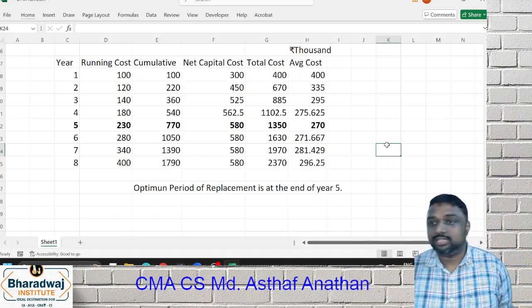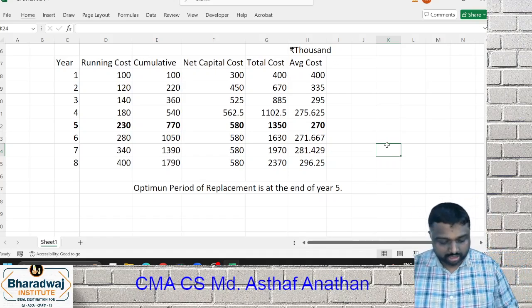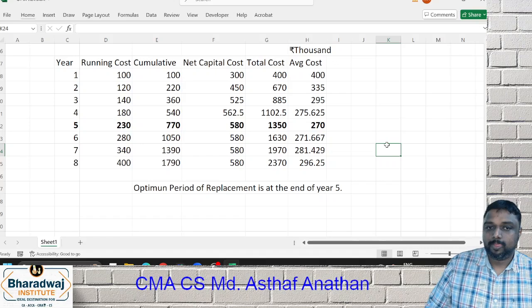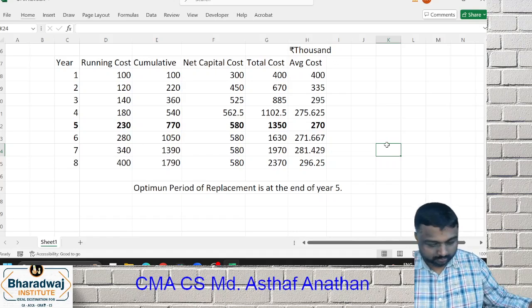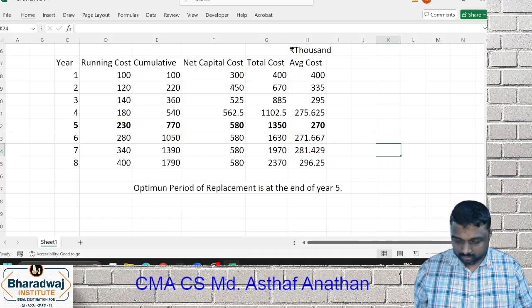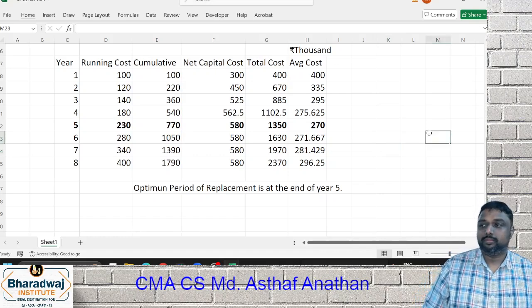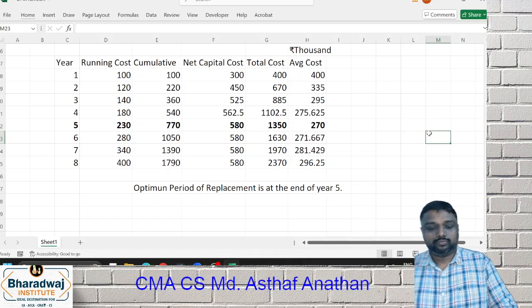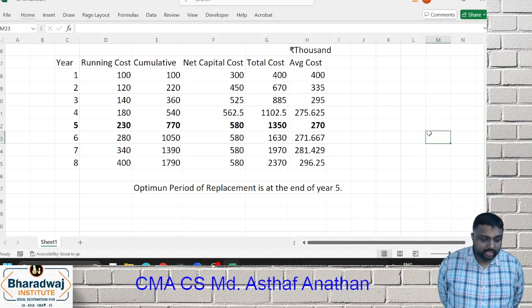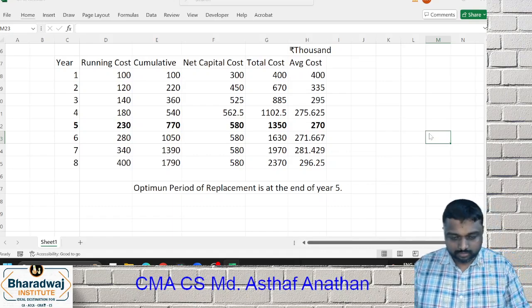A recent MQP also had this type of question. So we should be very clear on each type of question. Read and understand the question very easily.